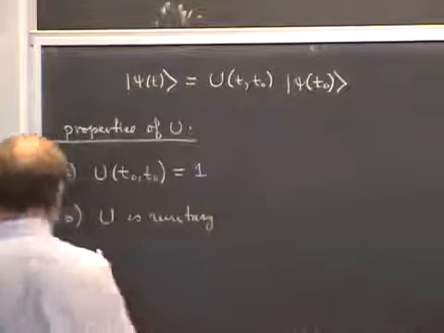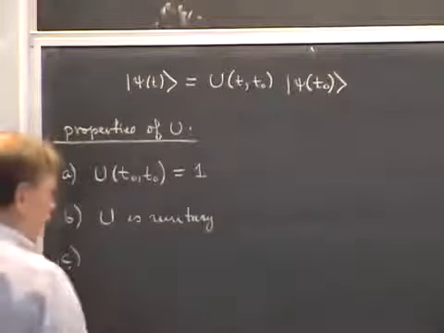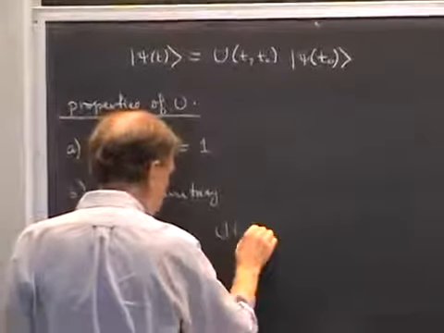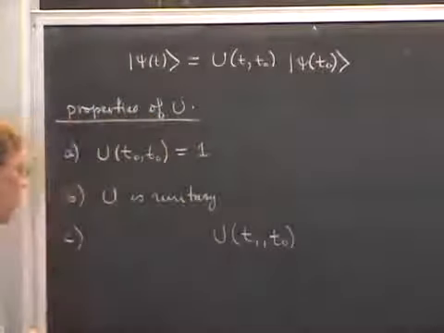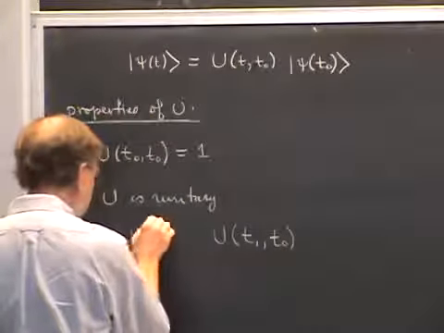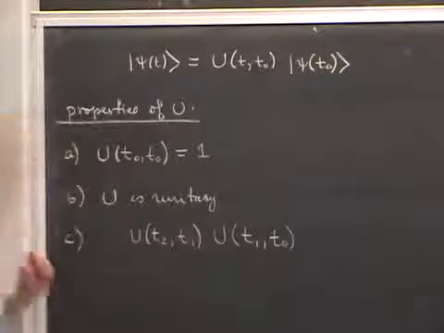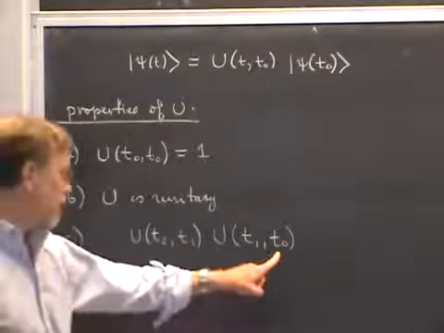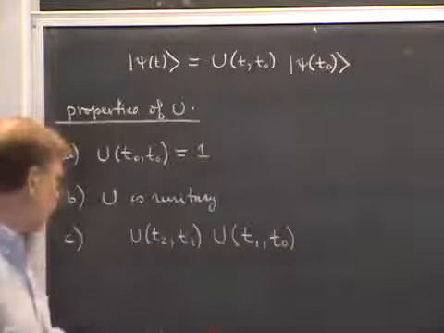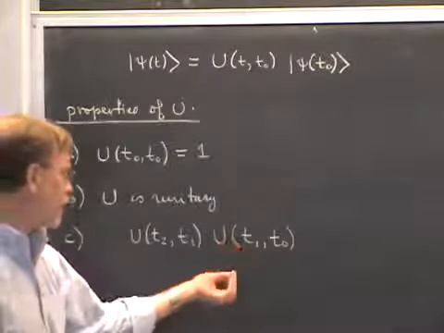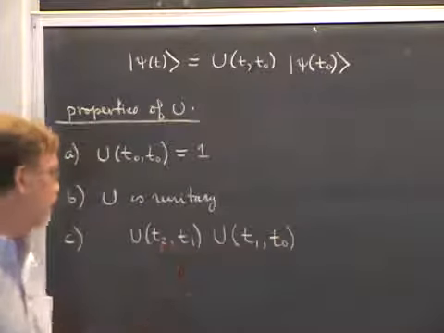All right. The third property that we require of u is a kind of composition property. It says that if we take the u with final time t1 and initial time t0, and we multiply it by the u with final time t2 and initial time t1, you see this corresponds to starting at t0, evolving to time t1, then you sort of stop and think about things, and you take whatever state you have at that point as a new initial condition for a new evolution, starting at t1 and then going to t2.